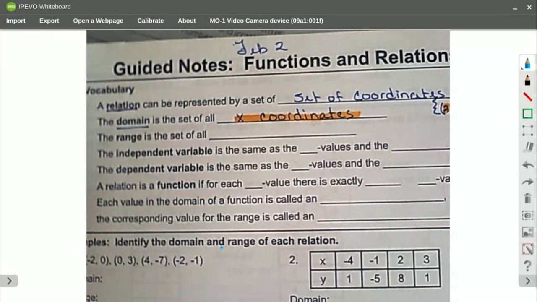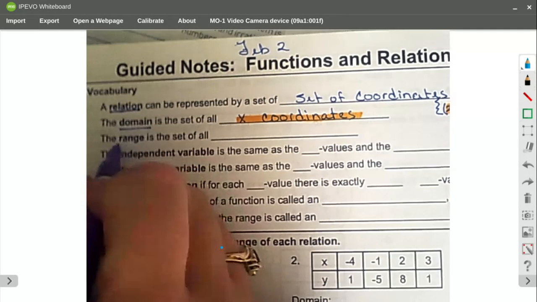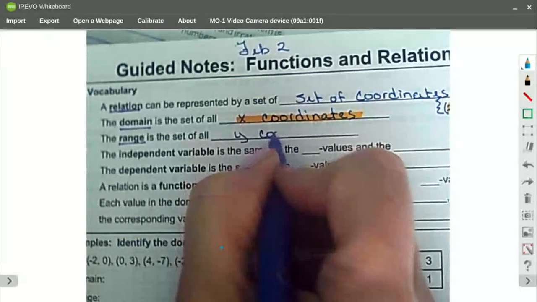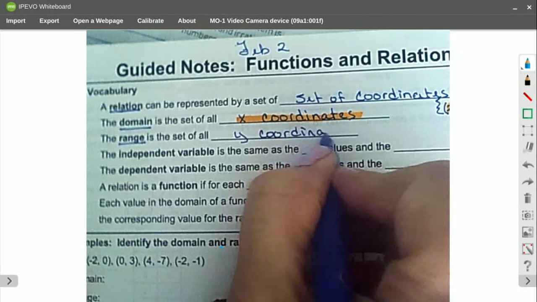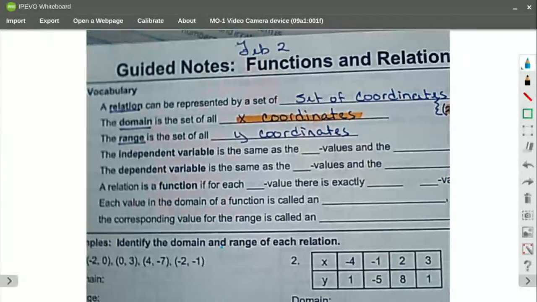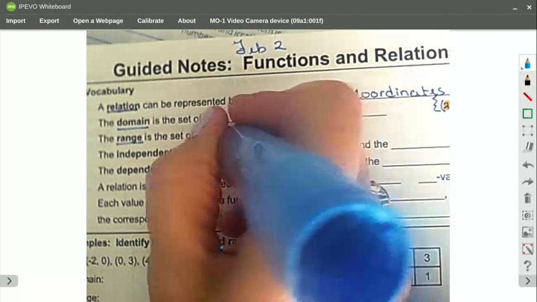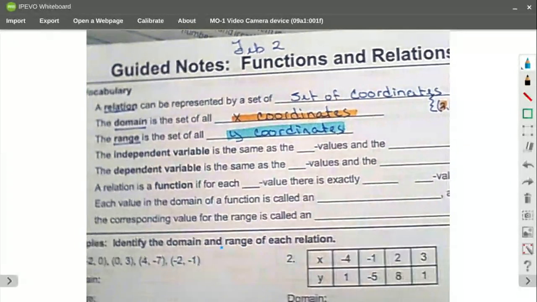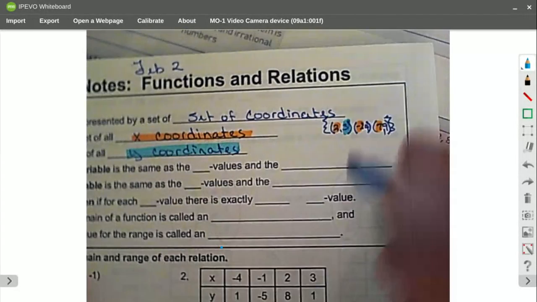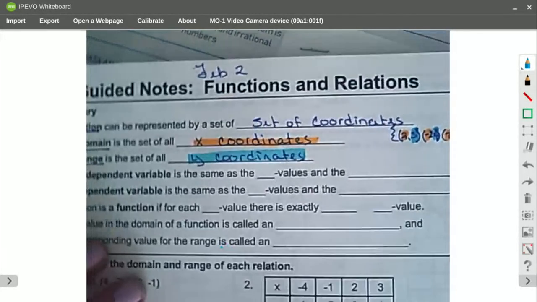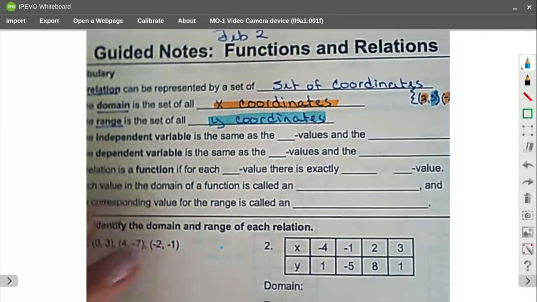Domain, set of all x coordinates. And then the range, my third vocabulary word, is the set of all y coordinates. So your domain is x, and your range is y. So your range is going to be the 3, the 4, and the 9. Okay? Just vocabulary words. Don't be looking for something to solve right now.